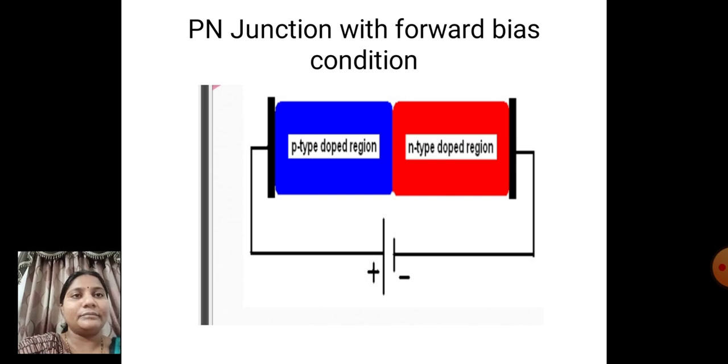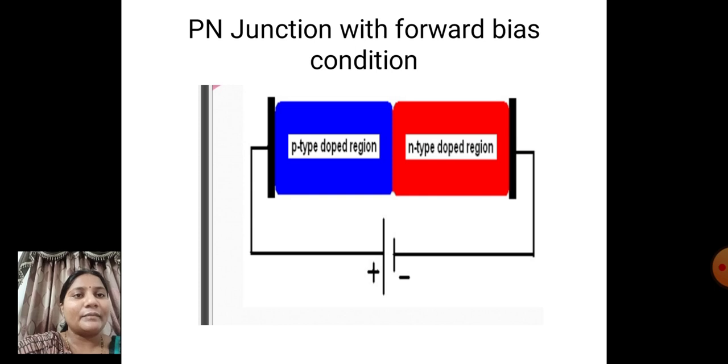Clear? Now, coming to our topic, in this figure we simply join a p-type semiconducting material with n-type semiconducting material, and immediately a depletion layer is formed. And what is this plus minus? This is known as the battery symbol.